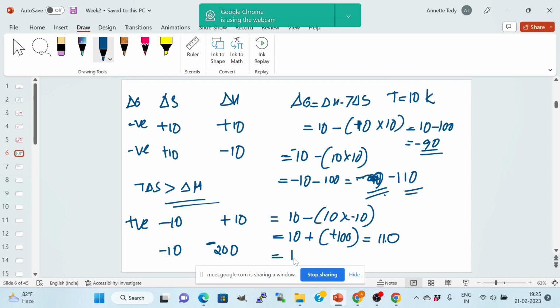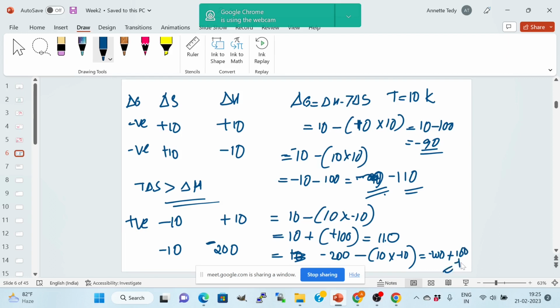In that case, minus 200 minus 10 into minus 10, this will be minus 200 plus 100, right? So in this case, we get minus 100. So in this case, it is negative. So even if delta S is negative, we can have delta G also negative. But in that case, we need to have large delta H.